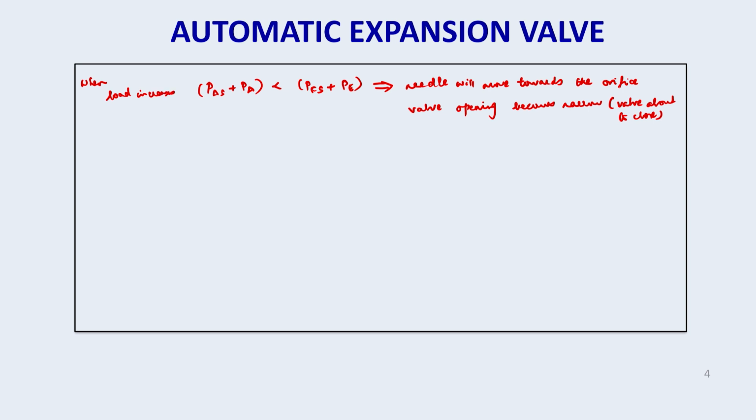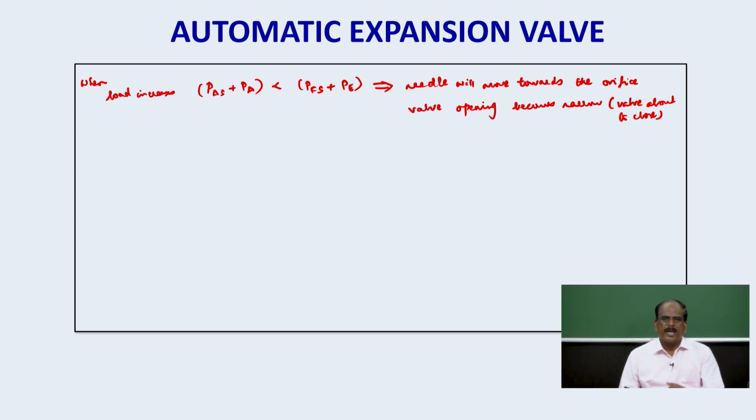Due to this, less refrigerant flows from the expansion device to the evaporator. Therefore, the mass flow rate of the refrigerant decreases, and there is less mass flow rate of refrigerant to the evaporator than the amount of refrigerant drawn by the compressor. Starving of the evaporator will take place.